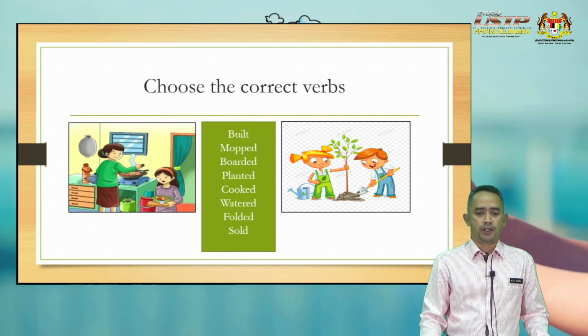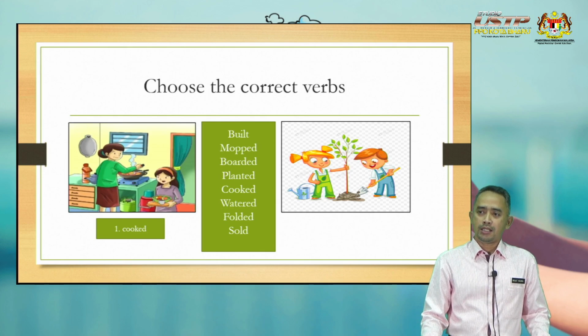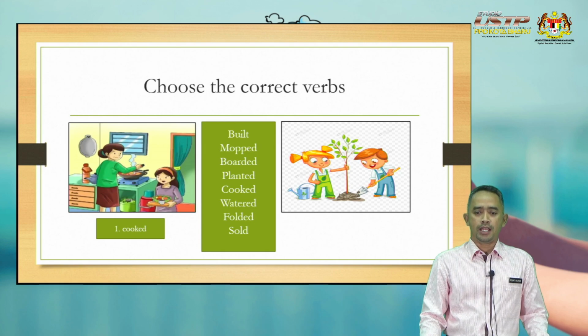For example, number 1, look at the answers: cooked. There's a woman there, she cooked something. For the next picture, what are they doing? Look at the answers: planted.